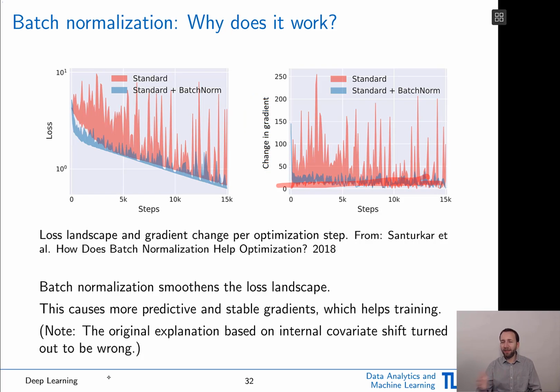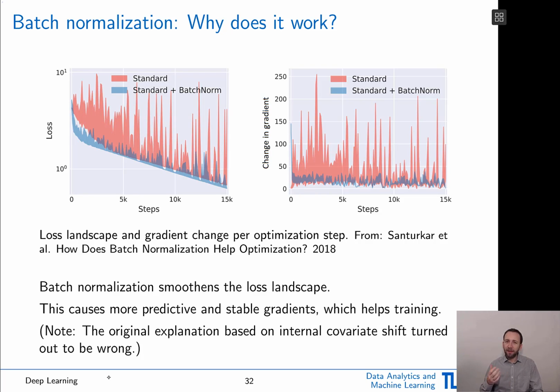So the gradient behaves more nicely for training, because it's not fluctuating around all the time, okay? And you again see it here also in the loss curve. So, long story short, batch normalization often leads to more stable, thus more predictive gradients, which might help training. As you see here, the loss behaves nicely, because you're normalizing your data, your batch, every time. This makes it much more stable.